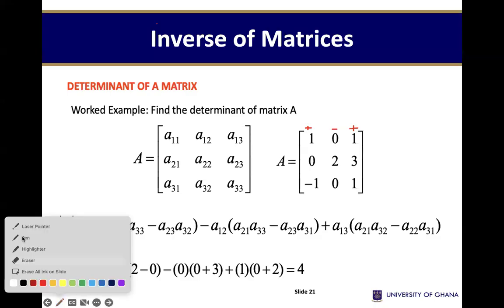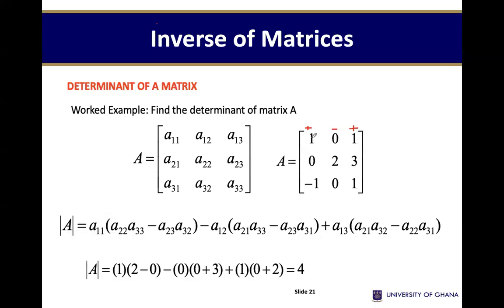The first thing I'm going to do is pick this one. So what am I going to have? I'm going to have the determinant of A to be the same as 1 here.